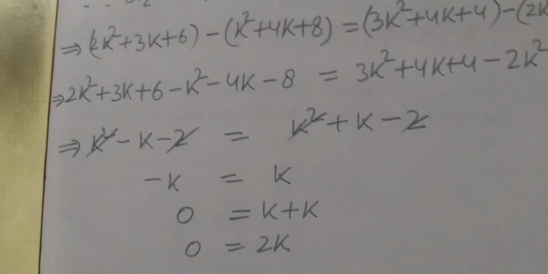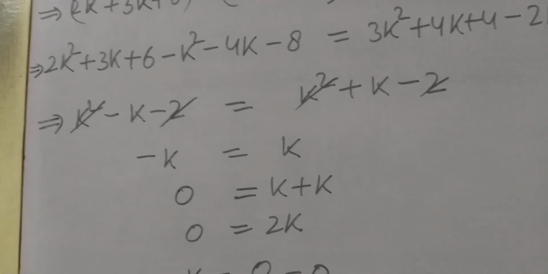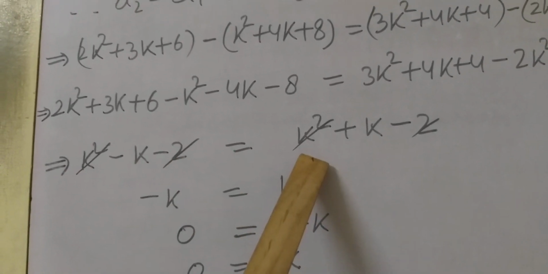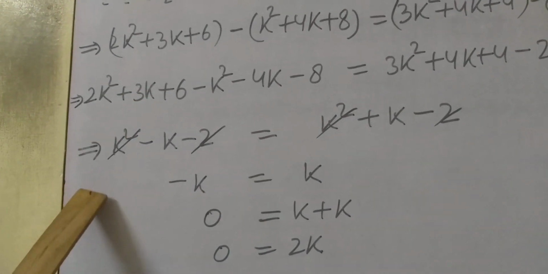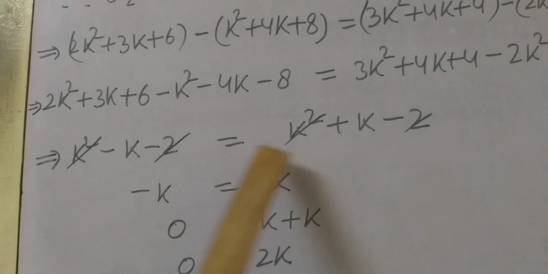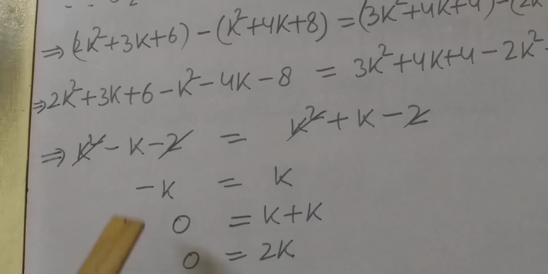Now, students, both sides same sign and equal values will be cancelled. So you can see this side k square is positive, this side also k square is positive. Both have same sign, both are equal, so both are cancelled. Minus 2 this side also, minus 2 this side also, both are equal, both have same sign, so minus 2 will be cancelled. What is left here?